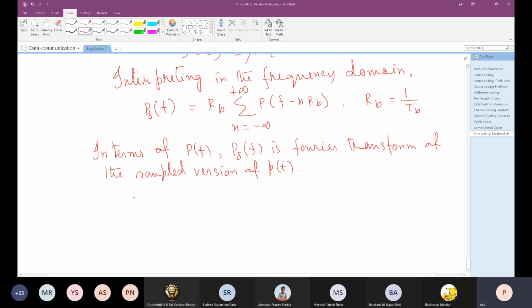So P delta(f) can be written as the Fourier transform of p(t).